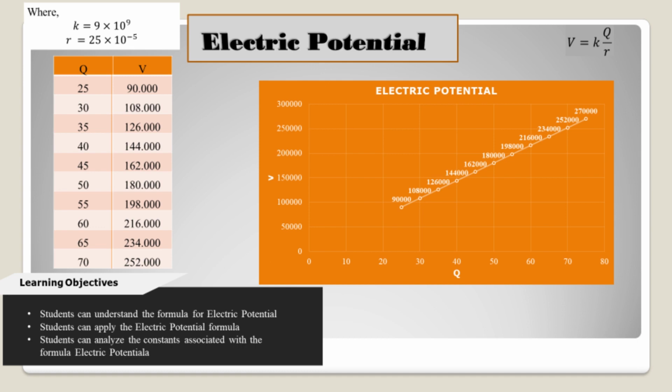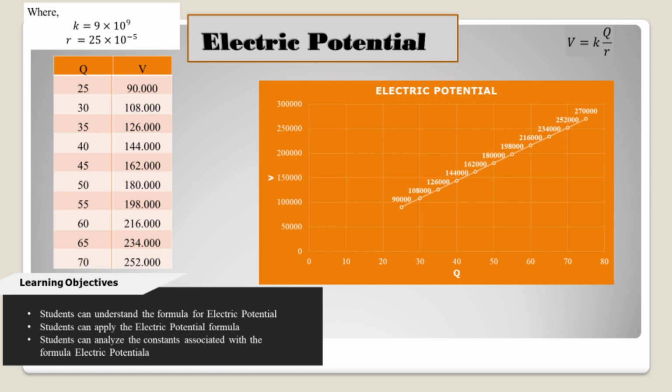If Q is equal to 40, the electric potential is 144,000. If Q is equal to 45, the electric potential is 162,000. If Q is equal to 50, the electric potential is 180,000.